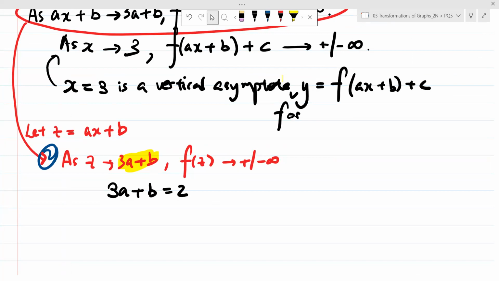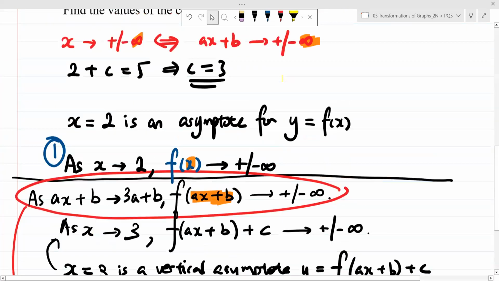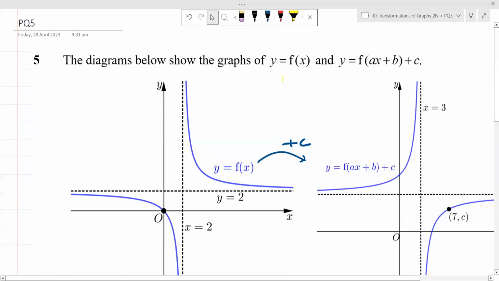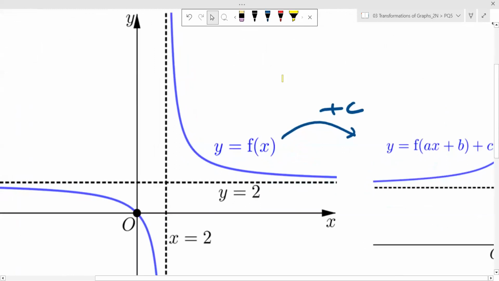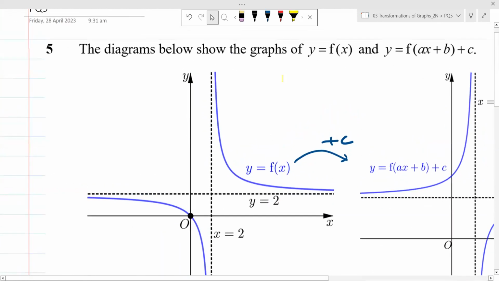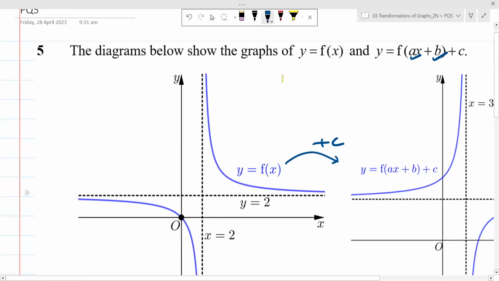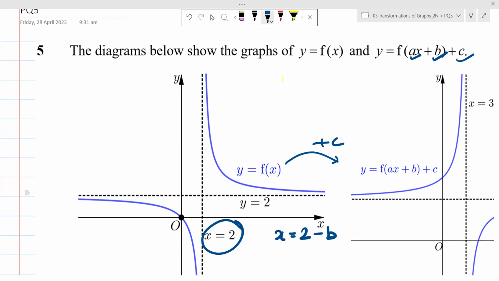If you find it hard to understand, you go by the transformations approach. That means, maybe I should have done that with you now, you do your translation, you do your scaling, then you do your translation again. You ask yourself, where does this end up? After the translation, x will be 2 minus b, because you do translation first, in the negative x direction by b units.